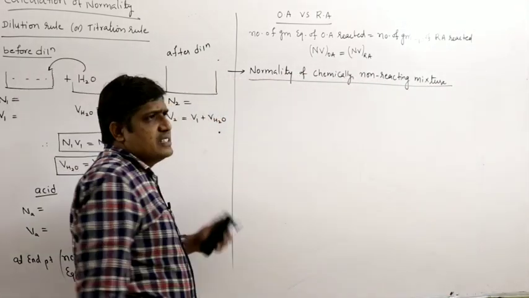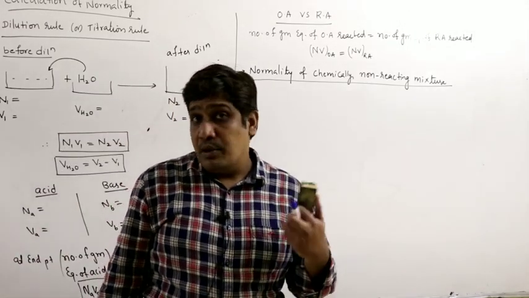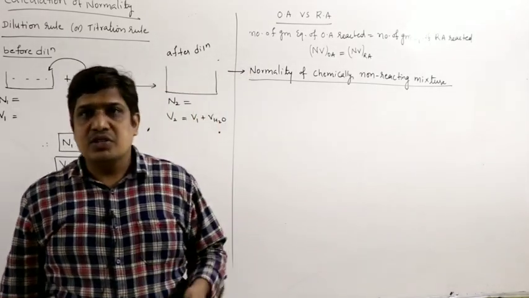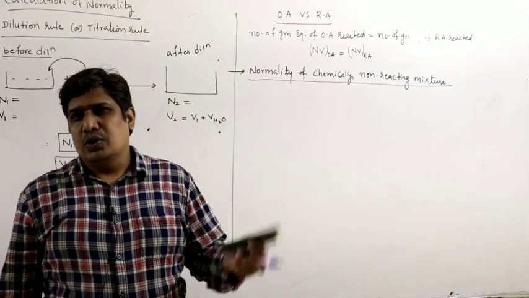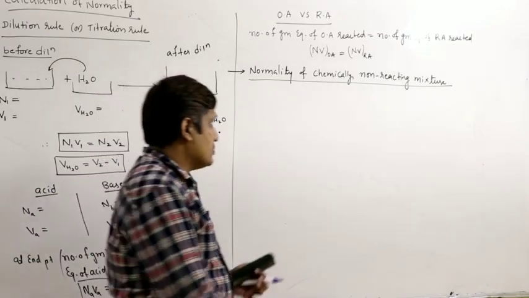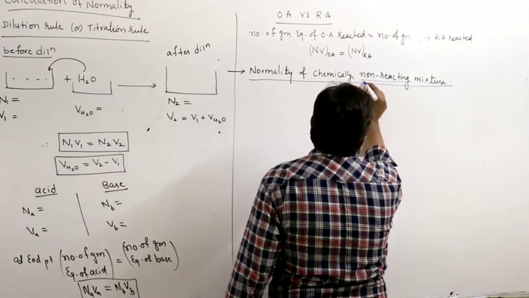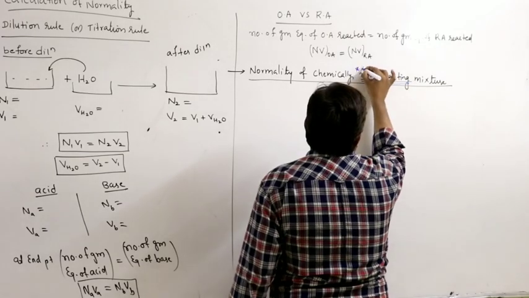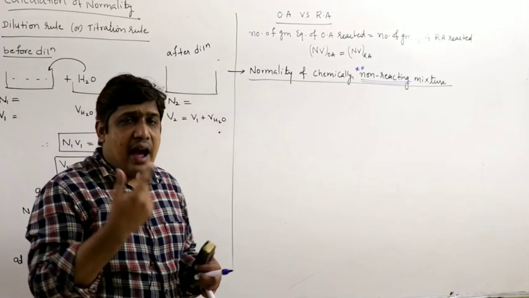So example acids, acid 1, acid 2, acid 3, acid 4, or example 2, base 1 plus base 2 plus base 3 plus base 4 like that, or salt 1, salt 2, provided that they should not chemically react. So if they don't react, number of gram equivalents will add on.